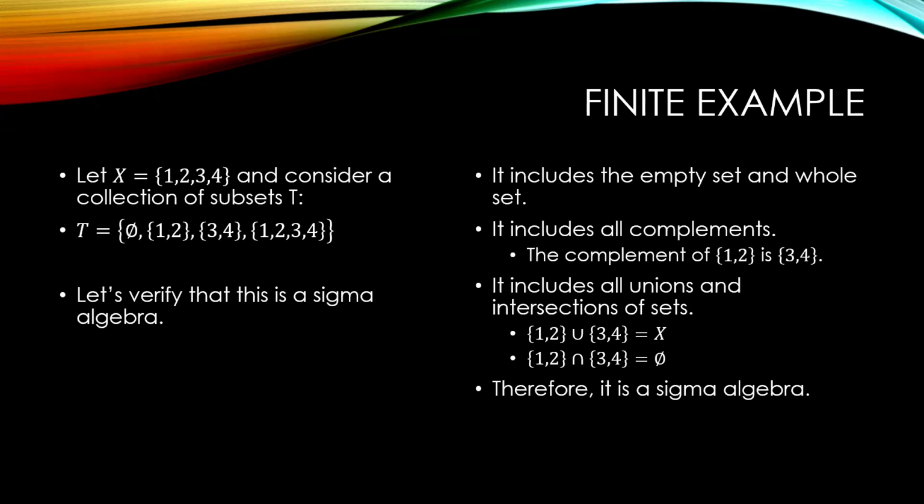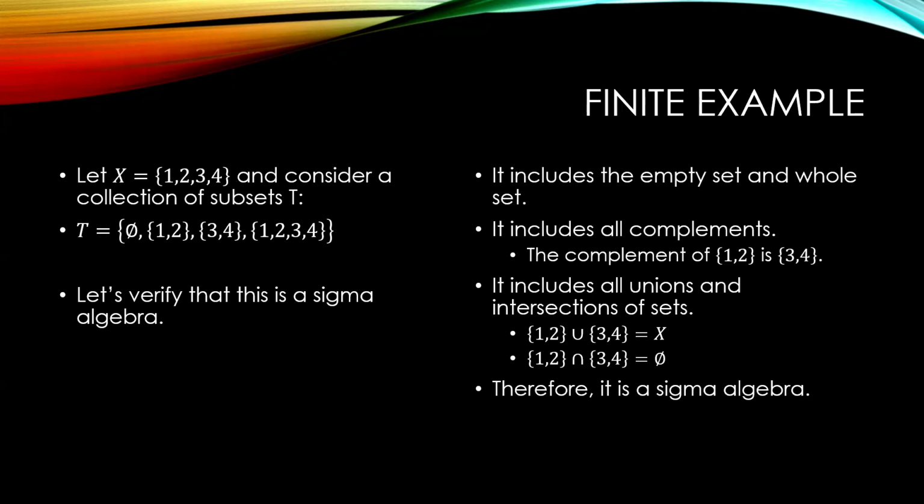Let's look at a finite example. Let X be {1, 2, 3, 4}, and consider a collection of subsets T, which is the empty set, {1, 2}, {3, 4}, and {1, 2, 3, 4}. Let's verify that this is a sigma algebra. To be a sigma algebra, it must include the empty set and the whole set. That's definitely there.